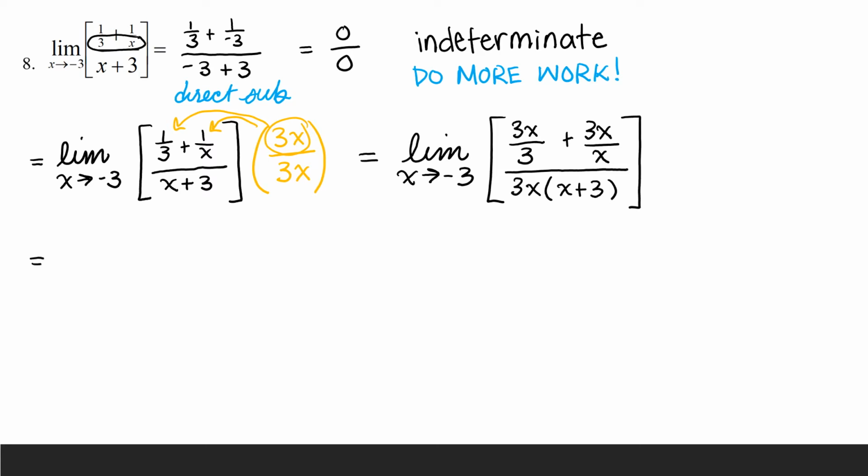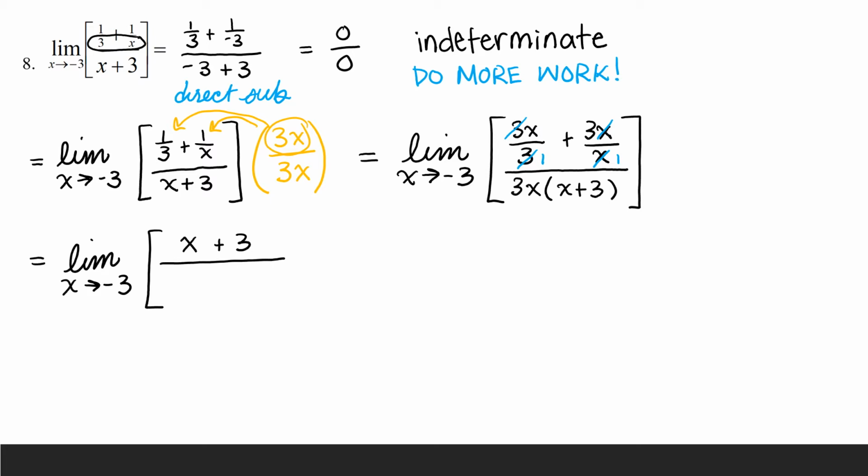Now let's simplify our numerator. Our 3's will divide out, and our x's will divide out, since they are common factors. So now we have the limit as x approaches -3 of x over 1, which is just x, plus 3 over 1, which is just 3.